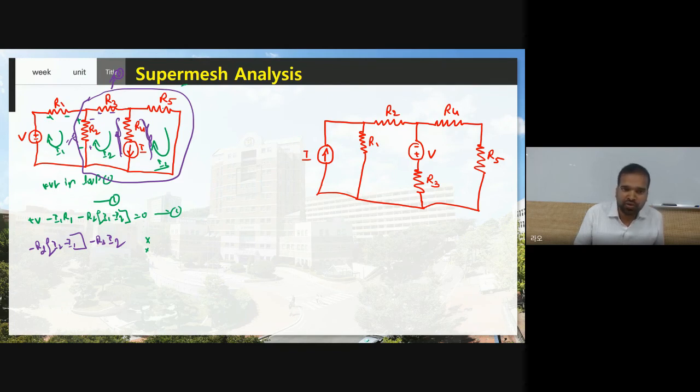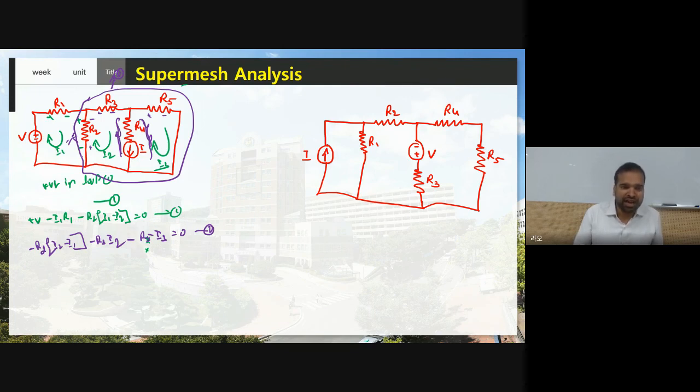Now you have to go to R5. As per loop 3, what current is flowing here? I3 current. Therefore minus R5 and I3 equal to 0. This is my equation 2. See, I started here and went through R3, R5, and here you don't have any branch, then I return to R2. Okay, clear. This is the procedure to apply KVL to our super mesh.